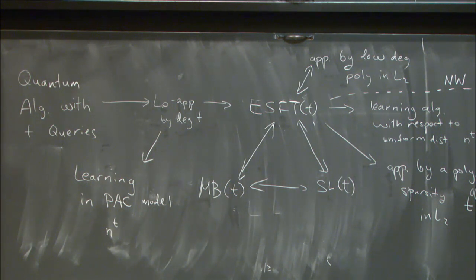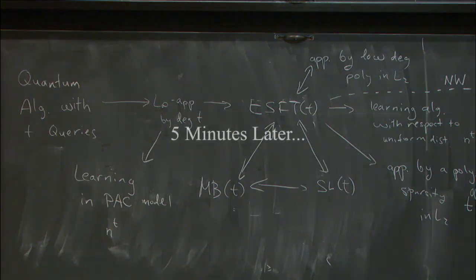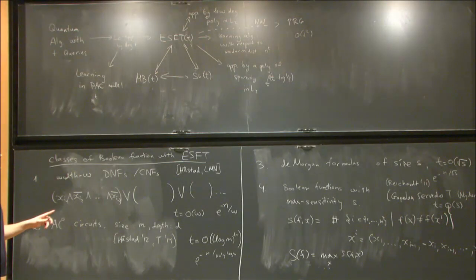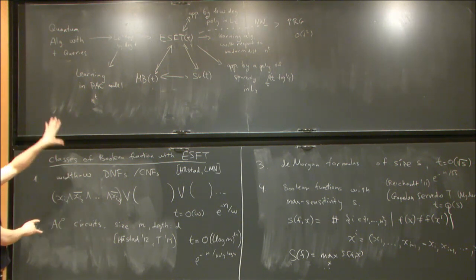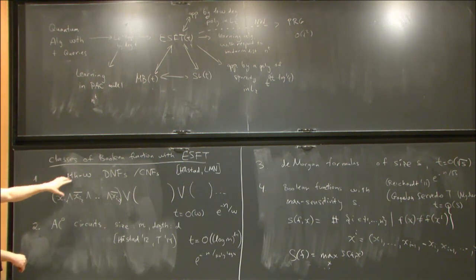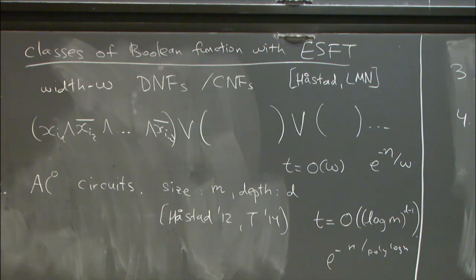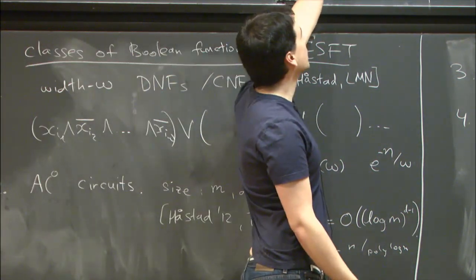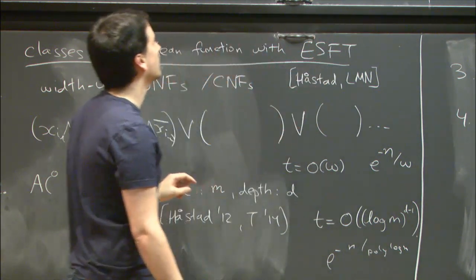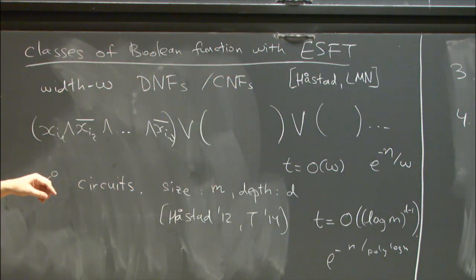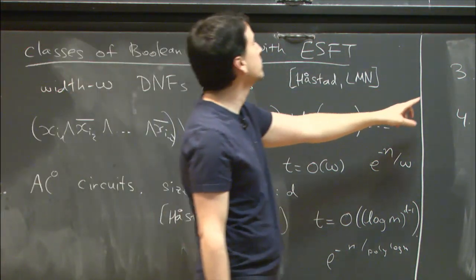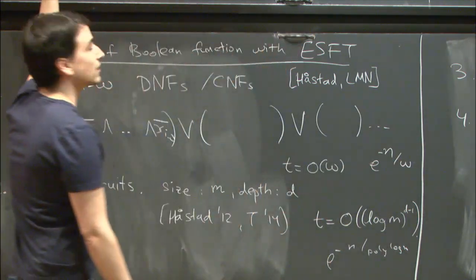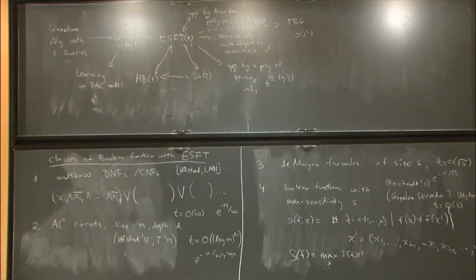Okay, maybe it's a good time to take a break. Okay, just to connect the top board with the bottom board. So results 1, 2, and 4 were proven in the language of the switching lemma, which I will mention in a bit. And the third result was proven using quantum algorithms.